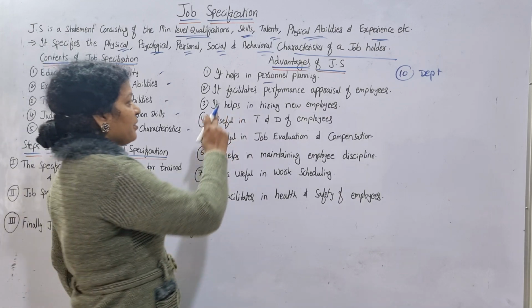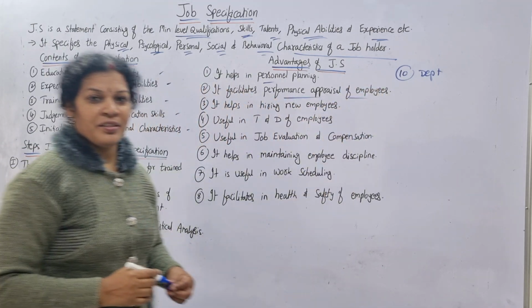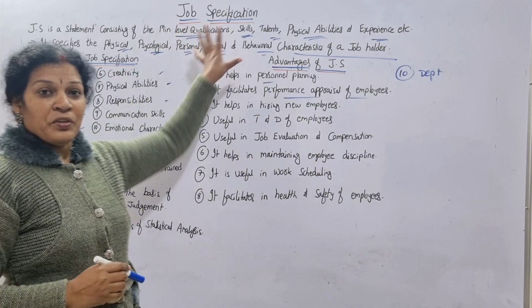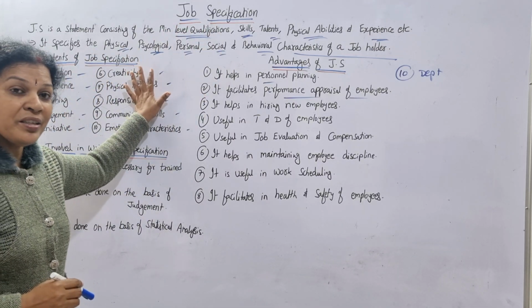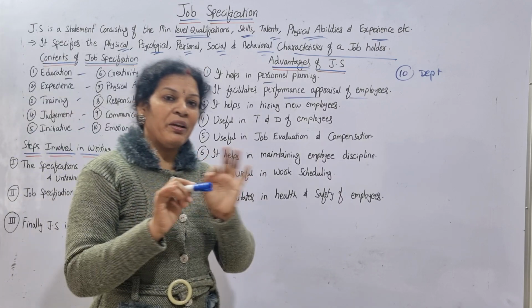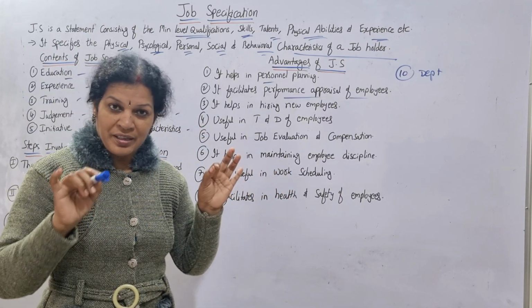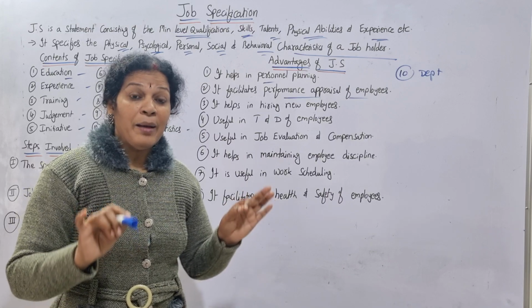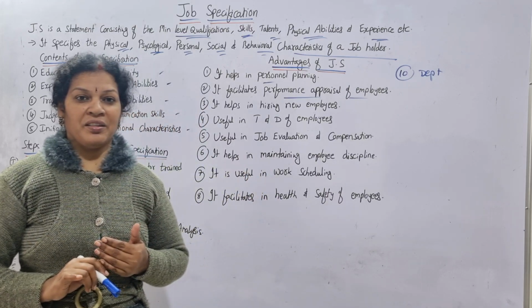Okay, and the second thing is that it facilitates performance appraisal of employees. In job specification, everything that is required is mentioned. According to that, after completion of every year, the employee, not the employer, has to fill in the performance appraisal, meaning what he has done throughout the year.